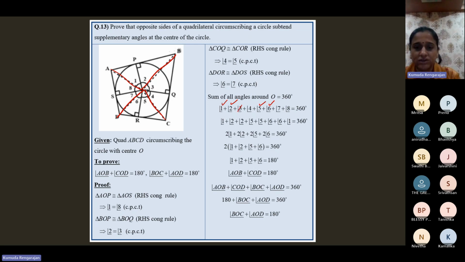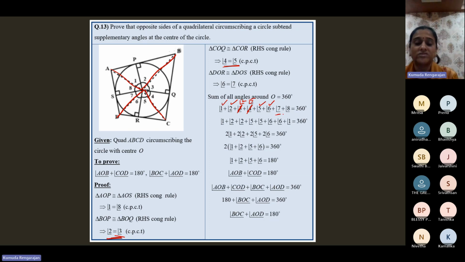So let's replace 3 with what? What is 3 equal to? 2. You can see it. 3 is equal to 2. So instead of 3, you say 2 in the next step. And you don't want 4. So instead of 4, 4 is equal to 5. So we'll replace it with 5.